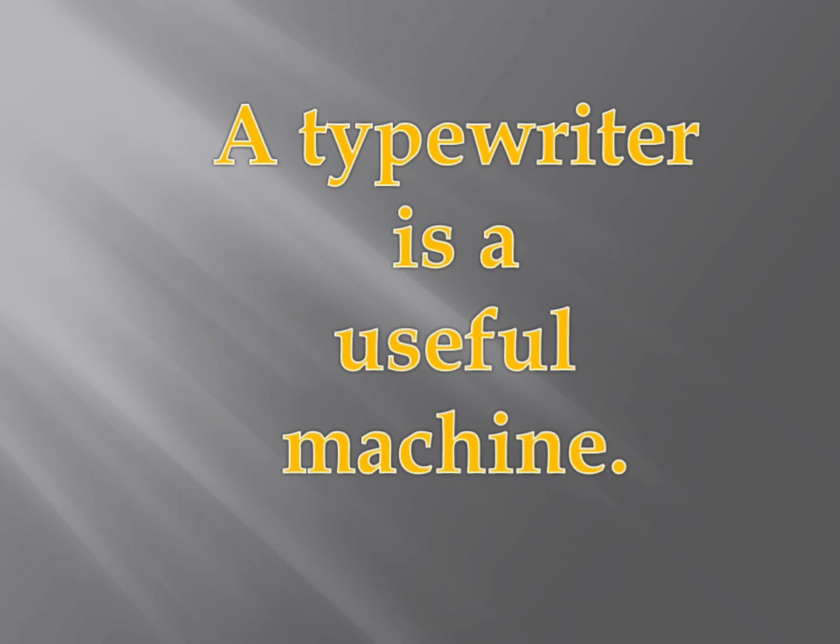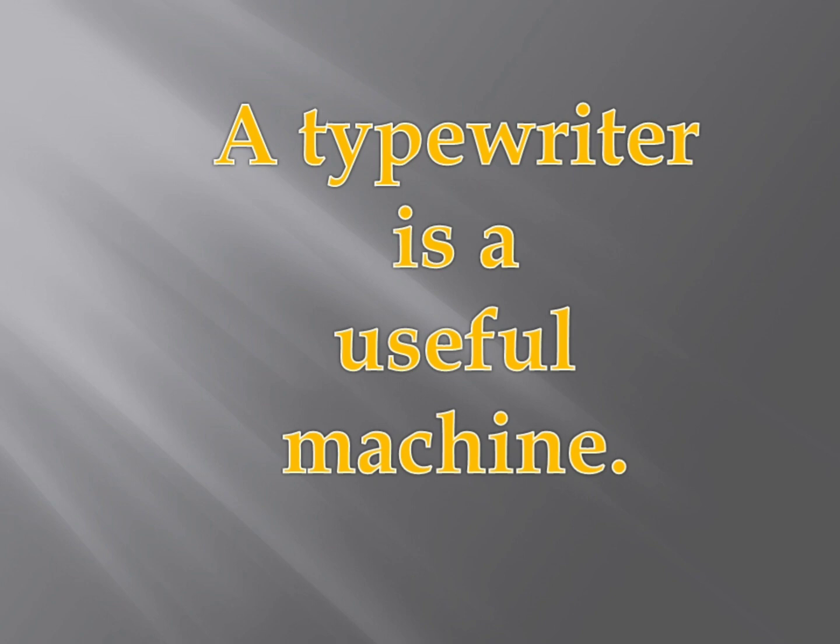So here is a small task. A sentence is given here. The sentence is: a typewriter is a useful machine. So in this sentence we are going to find out the nouns. I already told you a noun is the name of a person, place, thing or an animal.